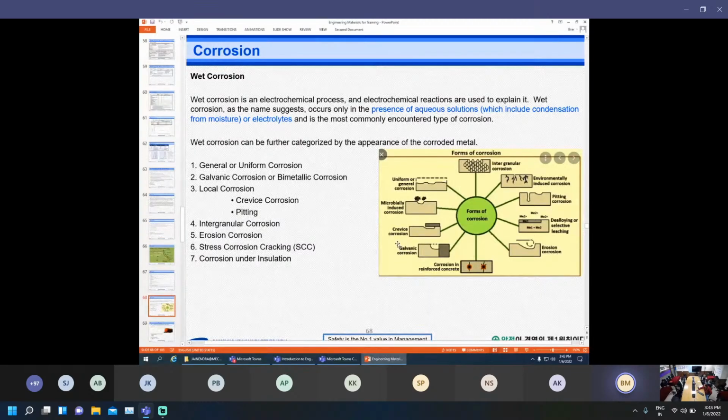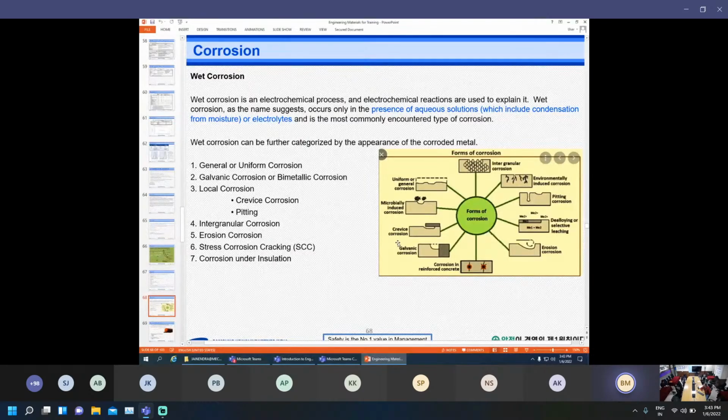Crevice corrosion means in any cavity of any different shape, corrosion happens because of stagnant flow. If flow is stuck due to the shape of the material, then there will be chances of crevice corrosion.